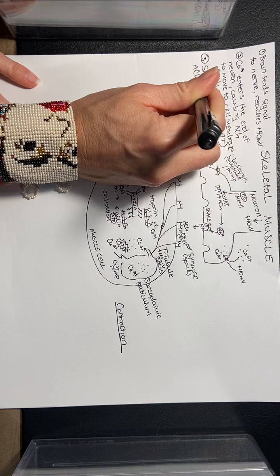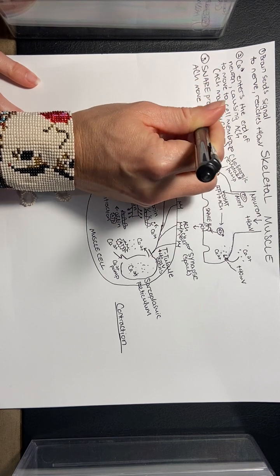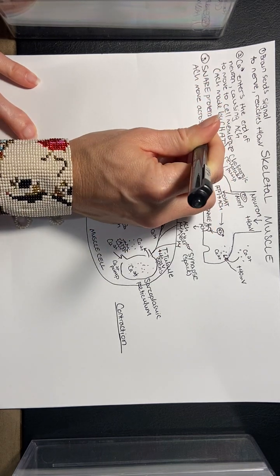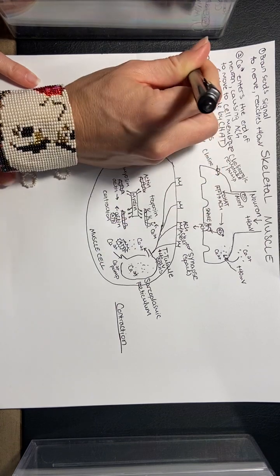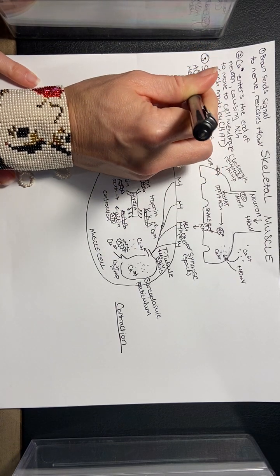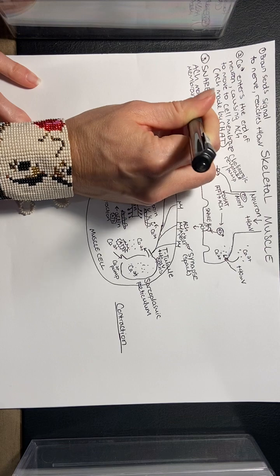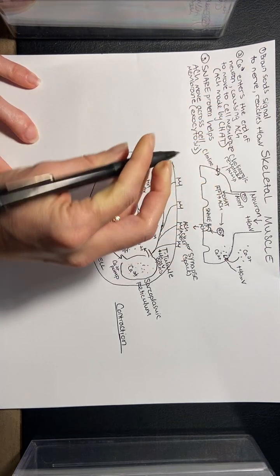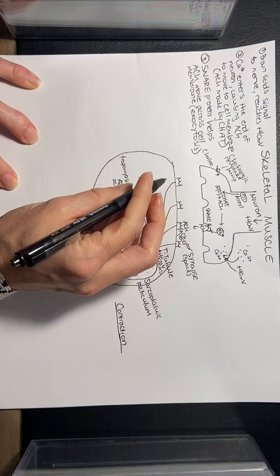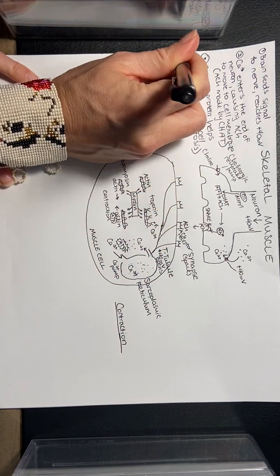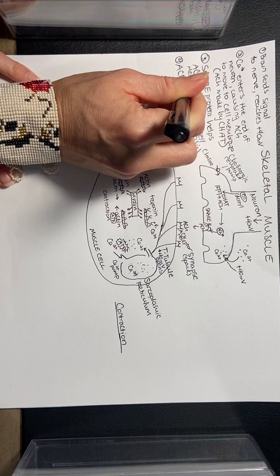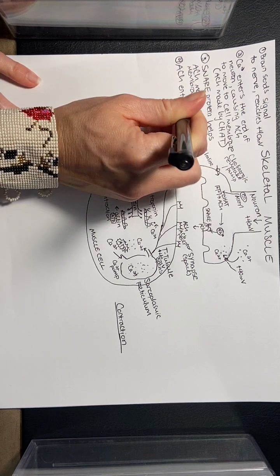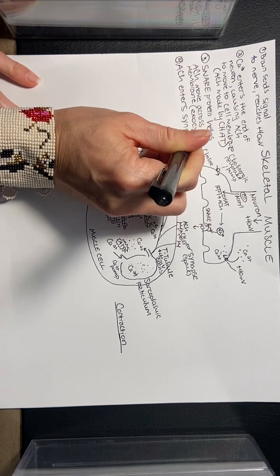So move across the cell membrane and leave the cell, which when something leaves the cell, we call it exocytosis, just like that. So acetylcholine is now out in the space between them, enters the synapse.